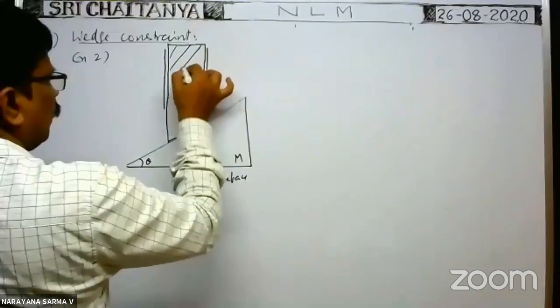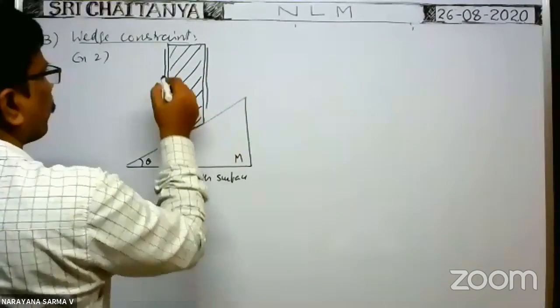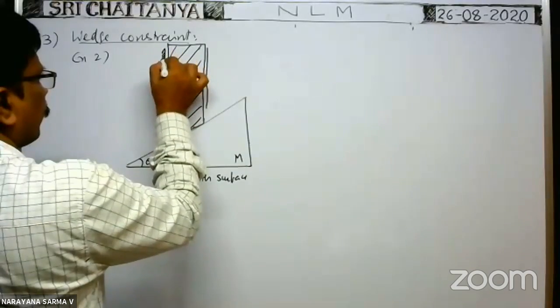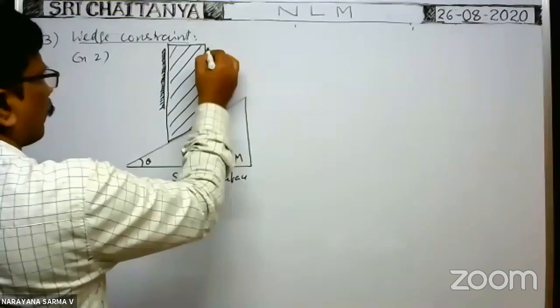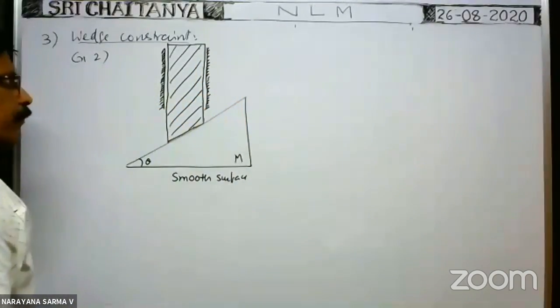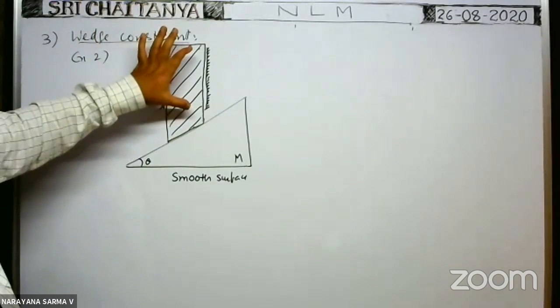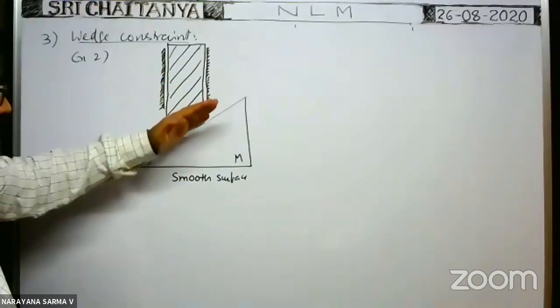Here, this is the one block. This block is kept over the inclined surface of the wedge.